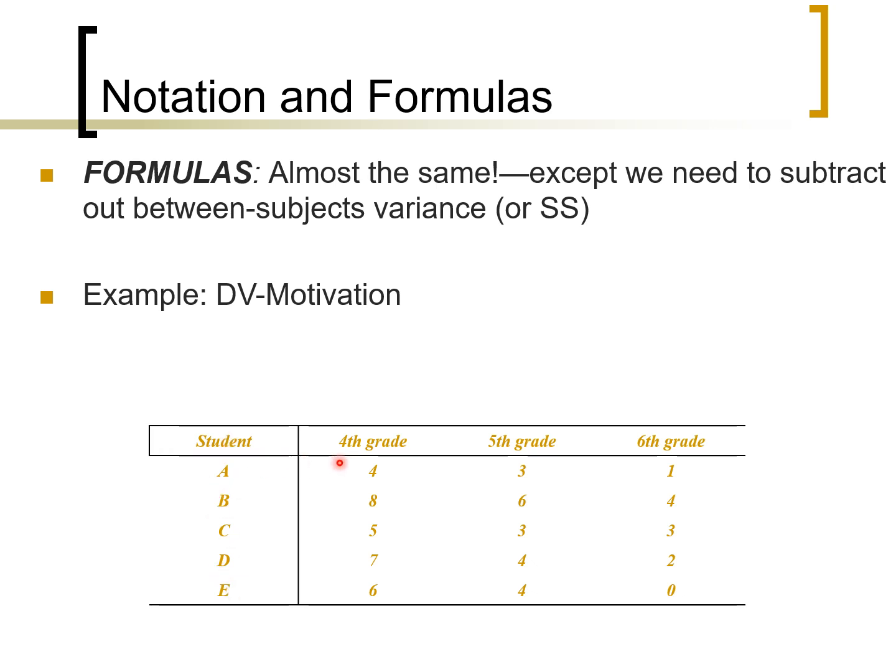These are people, and we know these aren't independent groups. We're not comparing one group of 4th graders to 5th graders, and it wouldn't matter that Johnny in 4th grade, there's no way to tie his score to Susie in 6th grade or 5th grade.